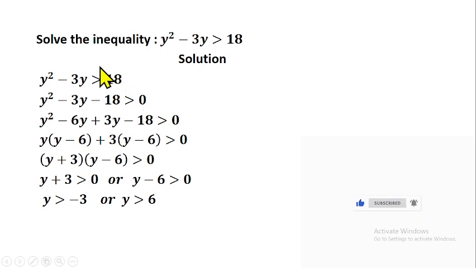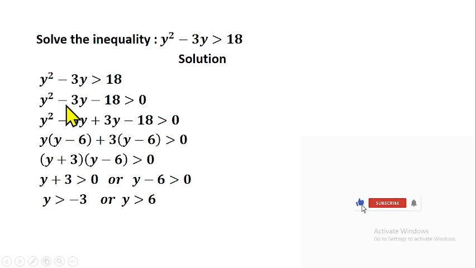So when this one comes here, you have minus 18, greater than what you have left here, which is 0. So in this case now, we can solve the left hand side by factorizing it. But look at the inequality you have here. You have greater than. So you need to look for the condition that goes with greater than, so that when you get here, you know what to do.